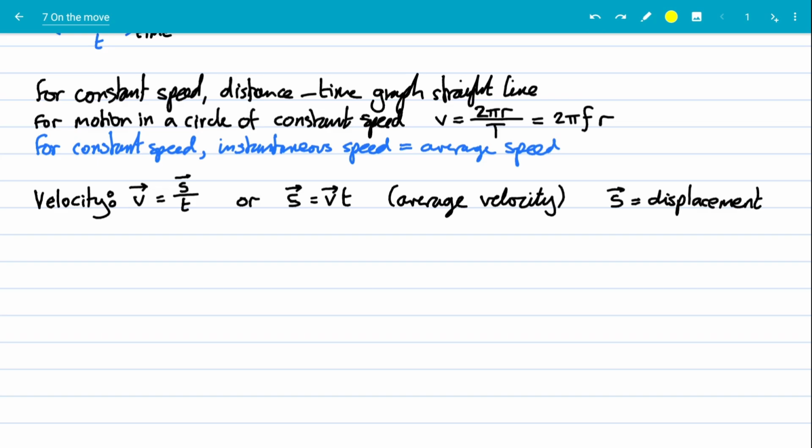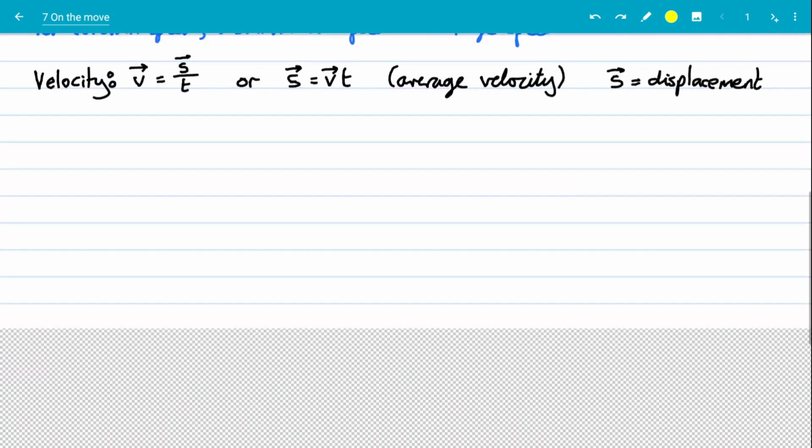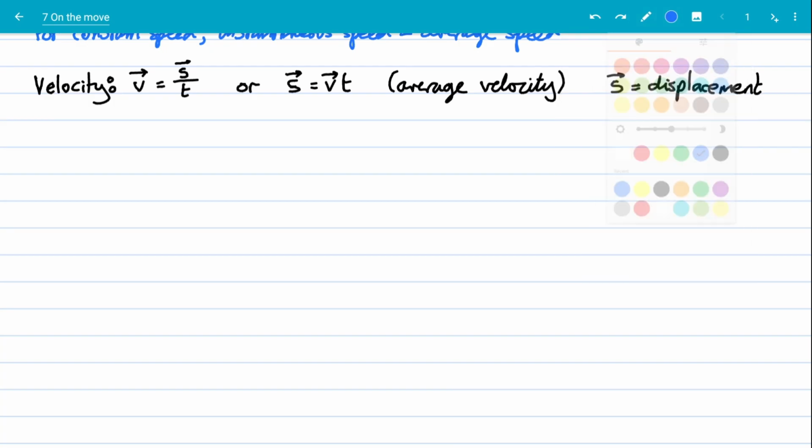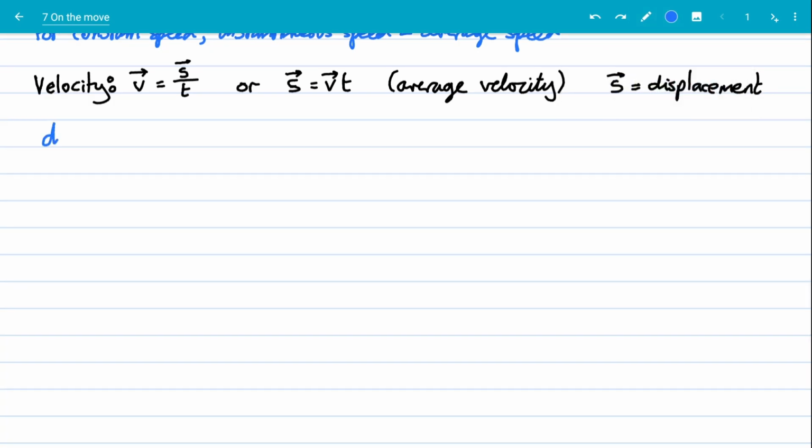So on displacement time graphs, unlike distance time graphs, we can have a reduction in displacement. In fact, I'm going to write this down. Distance cannot reduce.